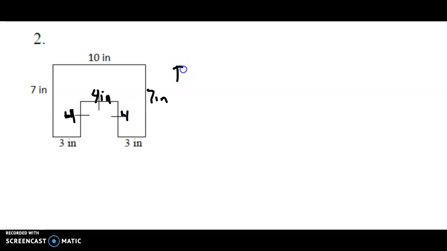All right, perimeter equals 3 plus 7 plus 10 plus 7 plus 3 plus 4 plus 4 plus 4. When you have a lot of numbers, one thing I recommend is you count up the sides and then count up the numbers that you have to make sure that they match.